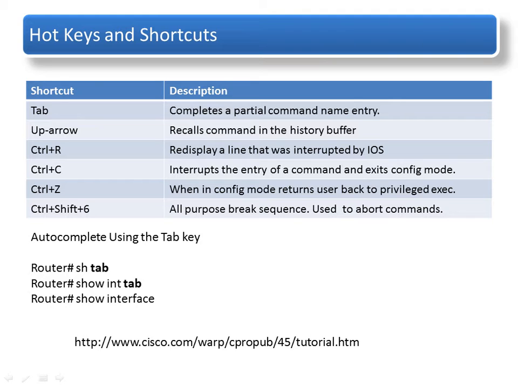Another favorite is the Control-Shift-6 hotkey, used to break an IOS process such as ping, traceroute, or DNS lookup. To interrupt the output and interact with the CLI, all a user simply has to do is press and hold the Control-Shift keys, hit the number 6, and then hit the X key. For more hotkeys and shortcuts, visit the link at the bottom of the screen.